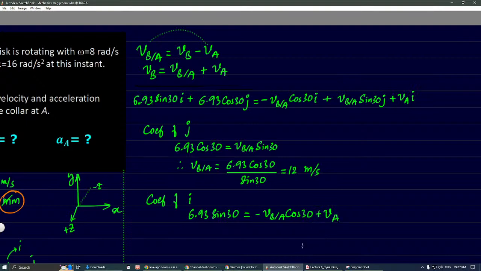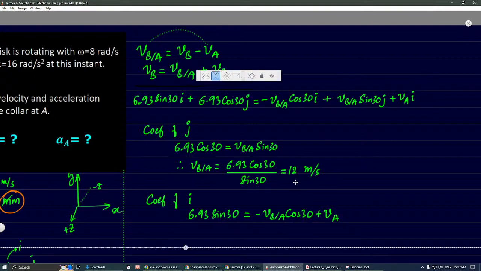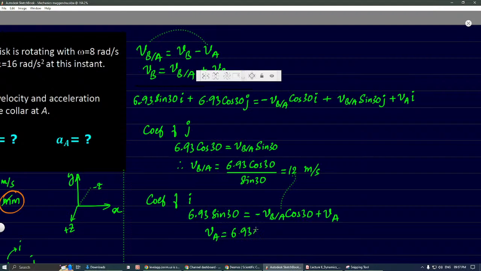So now we can substitute the 12. This value substituted here, and we get VA. VA will be equal to, this is positive 6.93, sin 30 is 0.5, and this term also comes to the left side, it becomes positive.